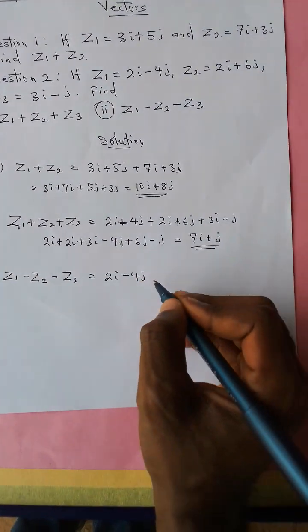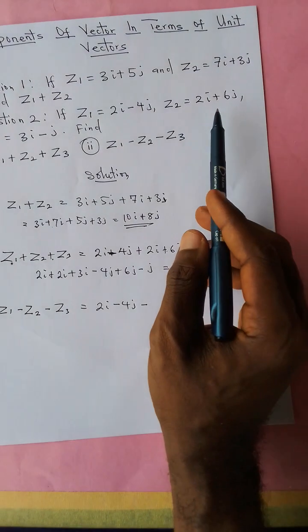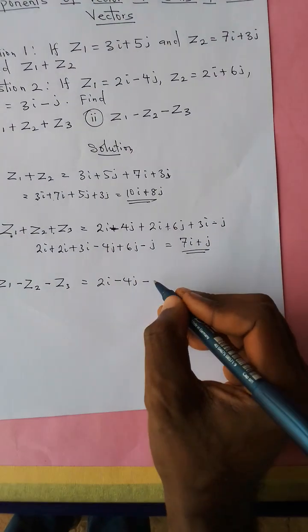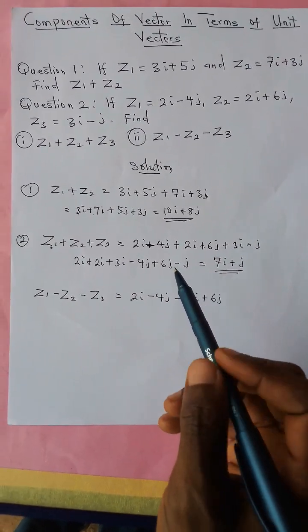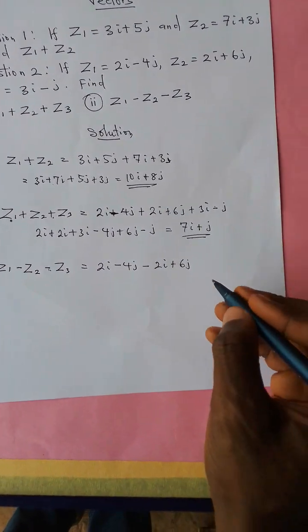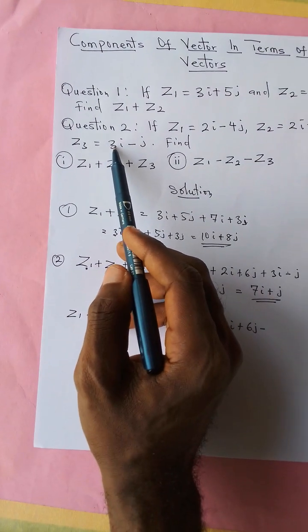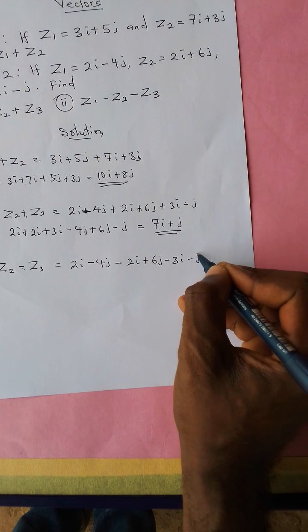Then here is minus, bring in the minus. Z2 is what? Look at Z2 here. 2i plus 6j. Then Z3, don't forget to bring in this minus along. Z3 is what? Look at Z3. 3i minus j.